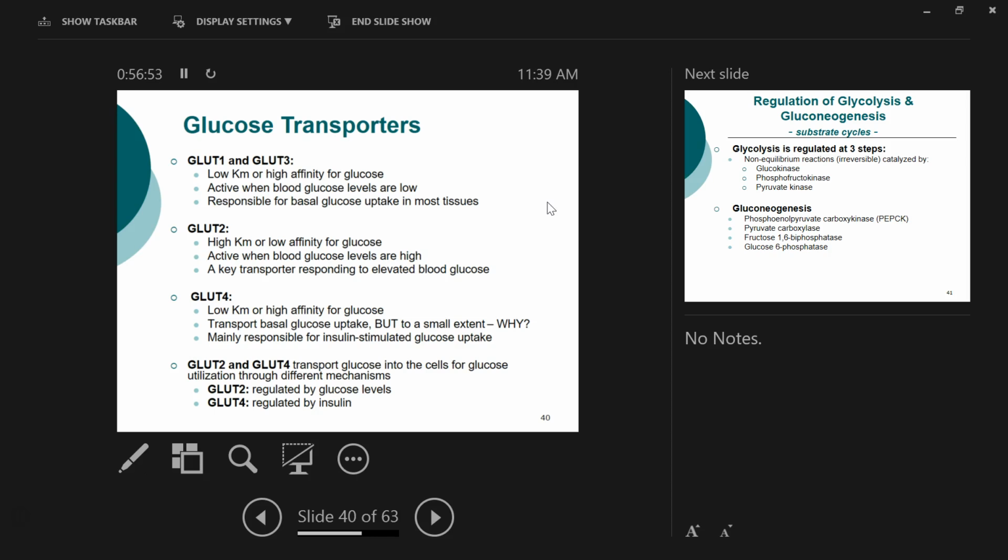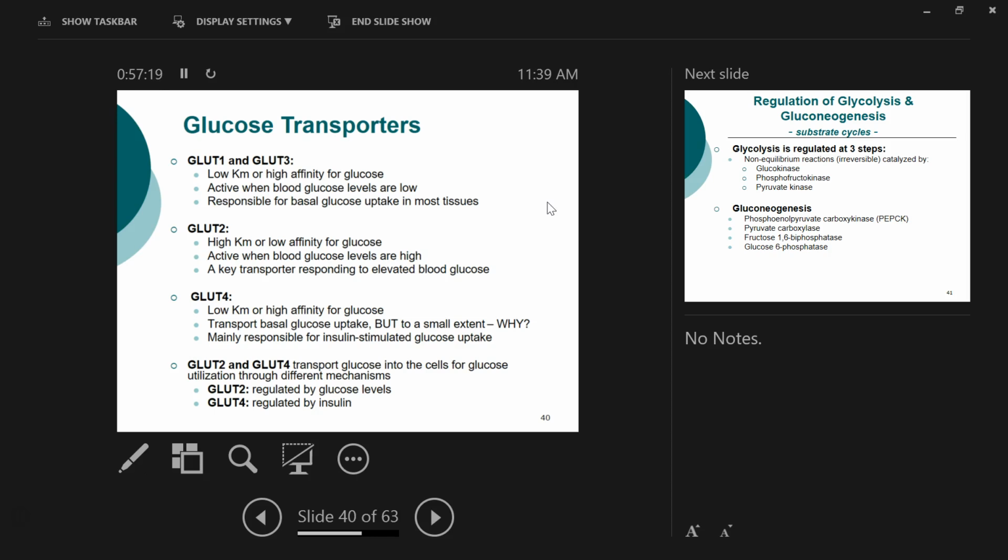Okay, so I think the first part of your answer is correct. It depends on insulin, right? So when we don't have a high level of insulin, the GLUT4 level on the cell surface is very low, right? Insulin stimulates translocation of GLUT4 from inside the cell to the cell surface, if you still remember.